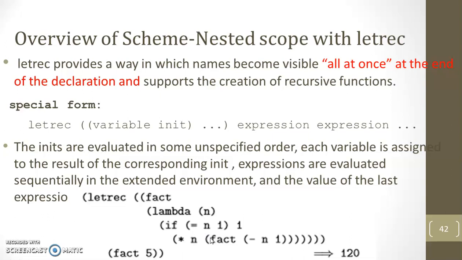It checks the value, performs 5 into fact of 5 minus 1, which again returns fact of 4. Again it performs the calculation given in the lambda expression, taking the parameter 4, checks again, 5 into 4 into fact of n minus 1, and it continues like that until the value is equal to 1. Towards the end, it gives the last value, that is 120.